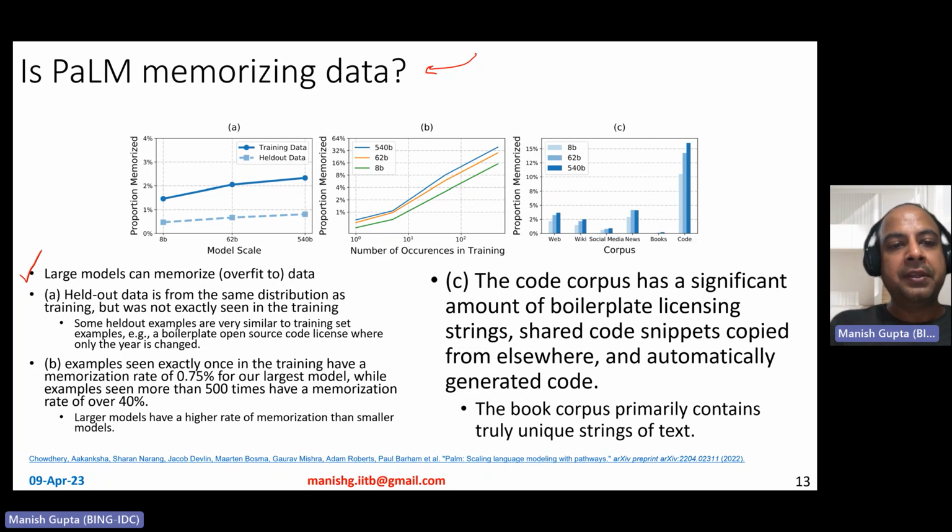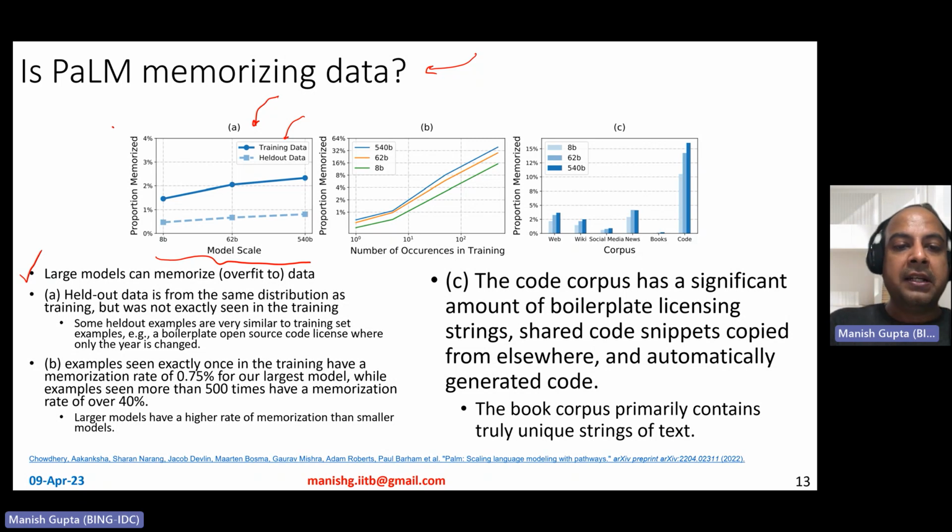In the first experiment, they look at different model scales, 8 billion, 62 billion, 540 billion, and check: if I take some sentence from the training data and tell it, hey, complete the sentence, how many times is it going to come up with the exact generation versus a changed or different generation. So they compare on training data and held out data.